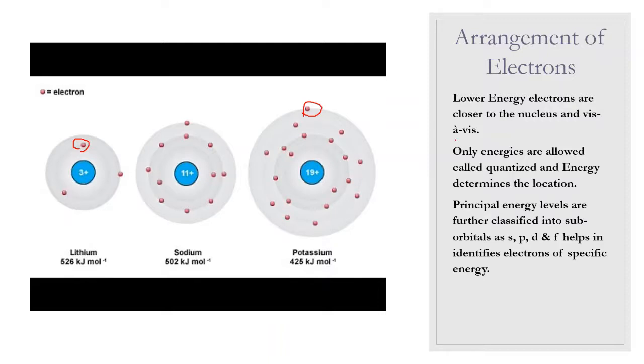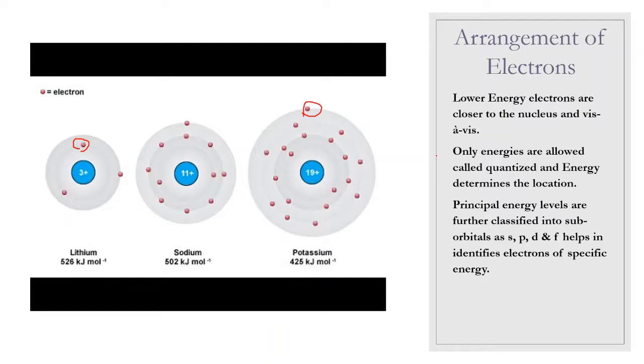This gives the tendency for the electrons to escape or to accept electrons. It all depends upon the amount of energy carried by the electron. Only certain energies are allowed, which is called quantized, so energy determines the location. The arrangement of electrons is based on the amount of energy the electron is carrying.